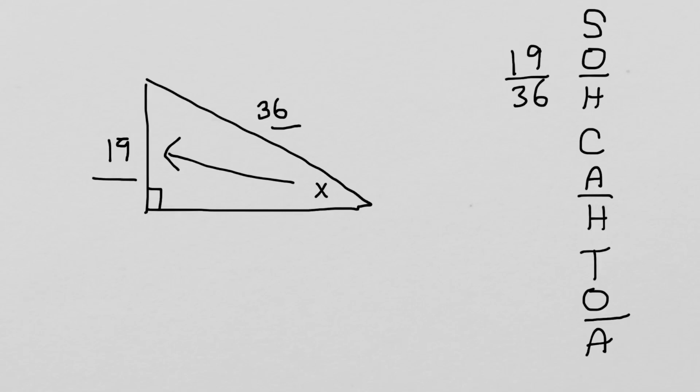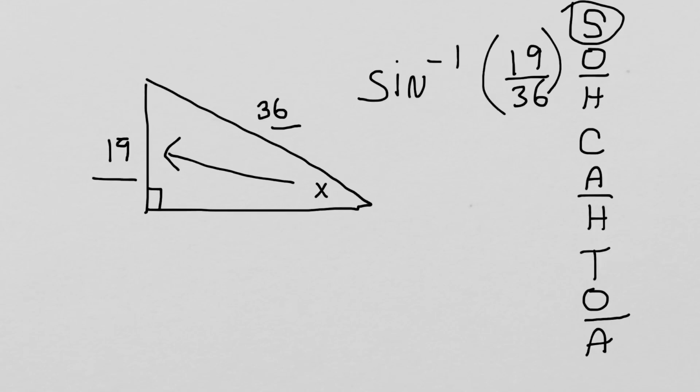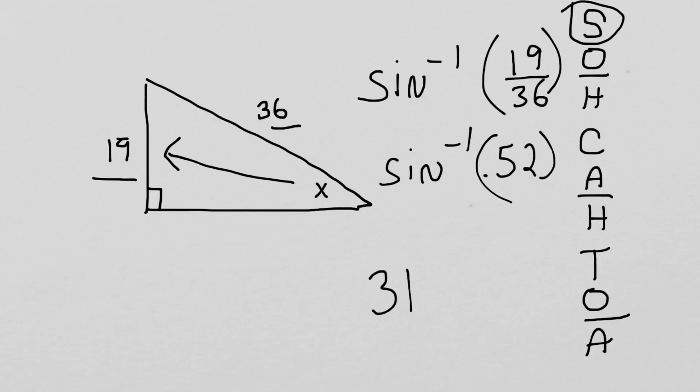So we're going to use the arc sine of 19 over 36. I put 19 divided by 36 in the calculator and get 0.52. I hit my arc sine button and I get an angle of 31.9 degrees.